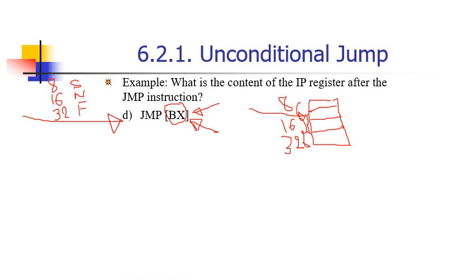So when jump BX is not preceded by a byte or a double word pointer, it is used to point to 16 bits in your memory. So you go to memory and get 16 bits, which makes the default jump by this notation a near jump.